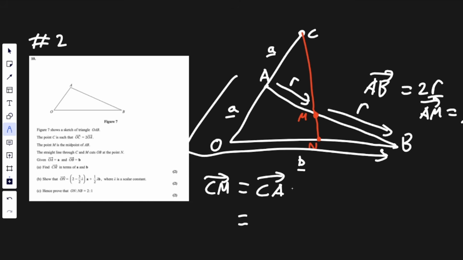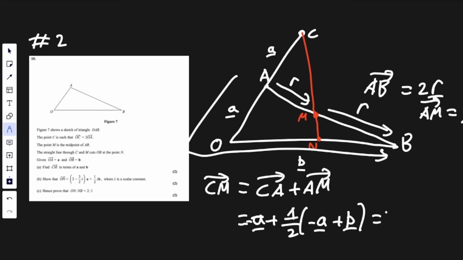So I'm just going to add A to M on. And we know that C to A was negative a. And A to M is going to be a half of A to B. But A to B is just going round from A to O to B, so negative a plus b.